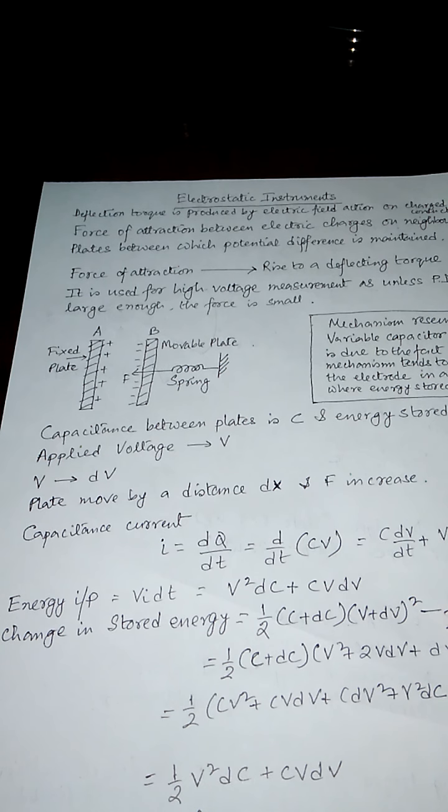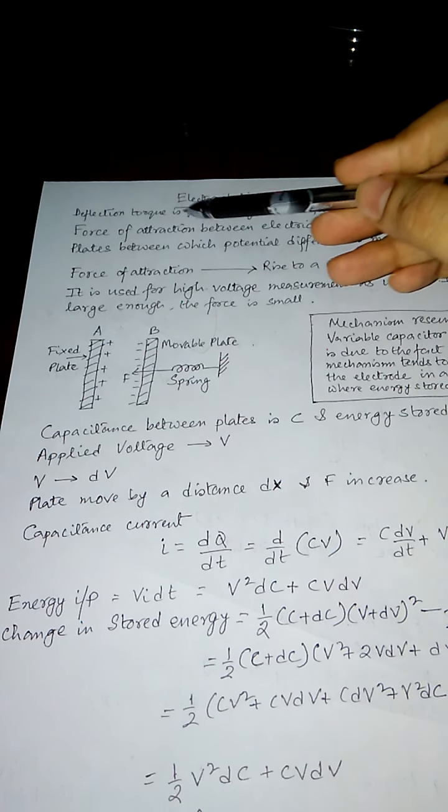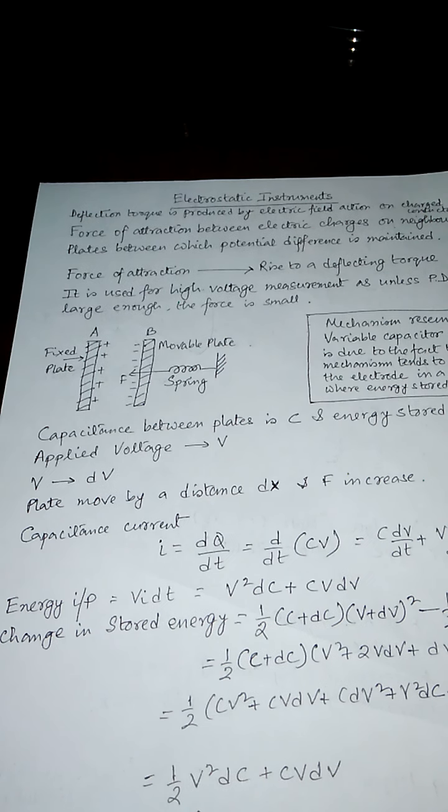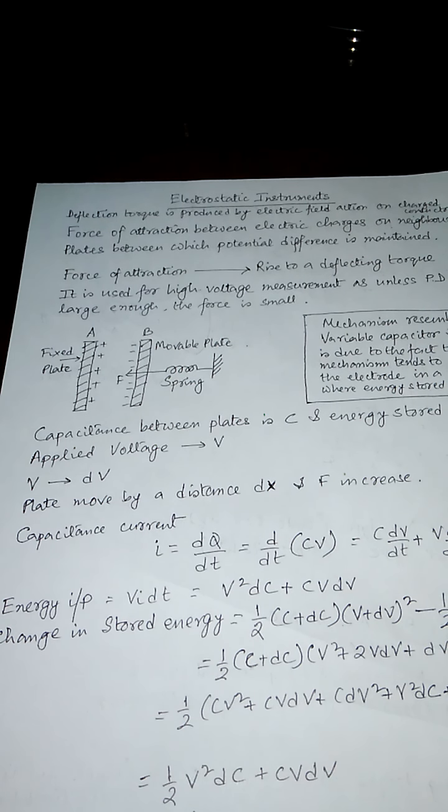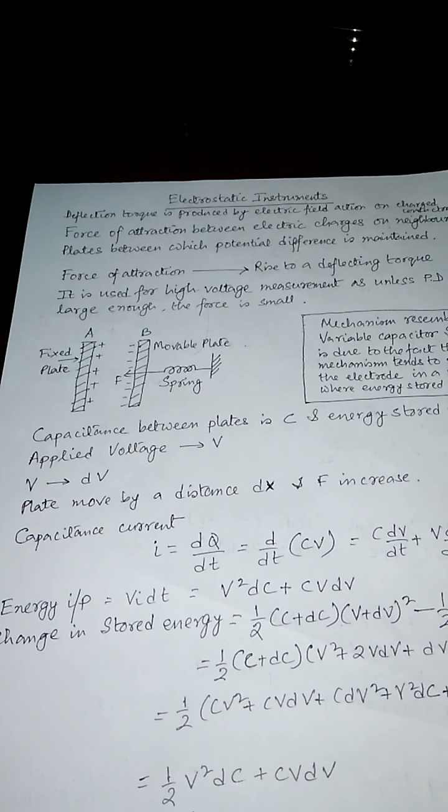For electrostatic instruments, the main principle is that the deflection torque is produced by the electric field action on the charged conductor. That means there are some charged conductors on which the electric field acts, and for that reason a deflection torque is generated.